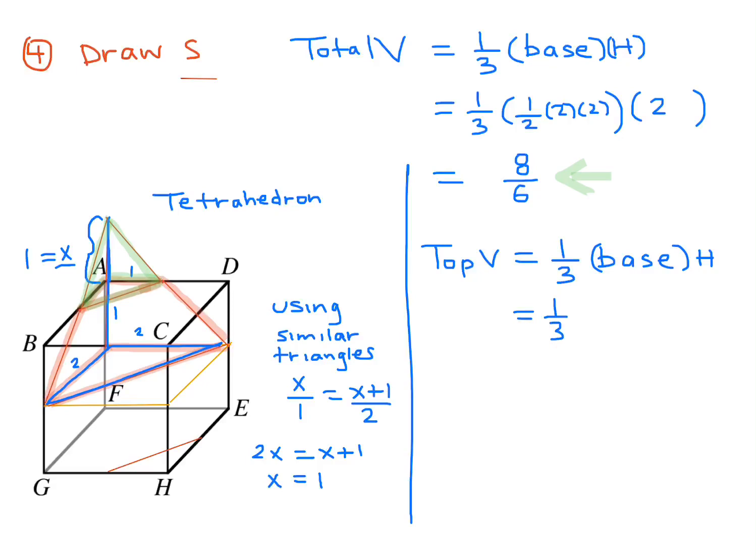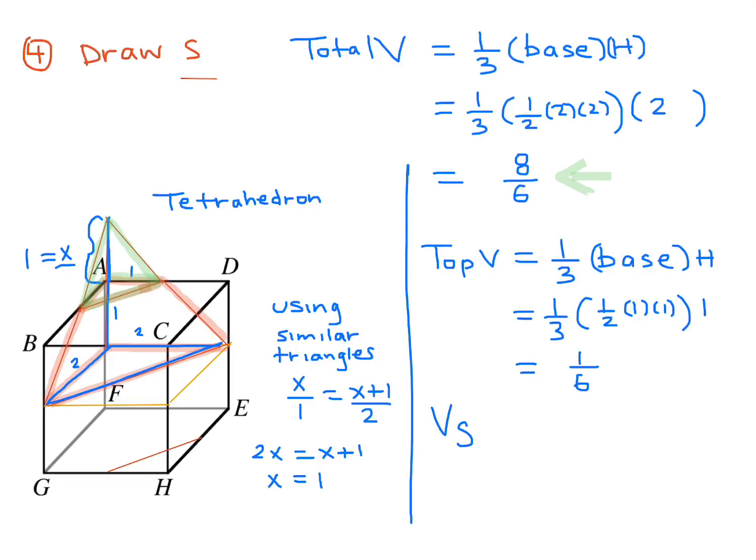1/3, the base is a triangle. It's 1/2 base times height. It looks like 1 times 1. And we've labeled that in there already. The height we calculated already is 1. So therefore this becomes 1 over 6. So perfect.